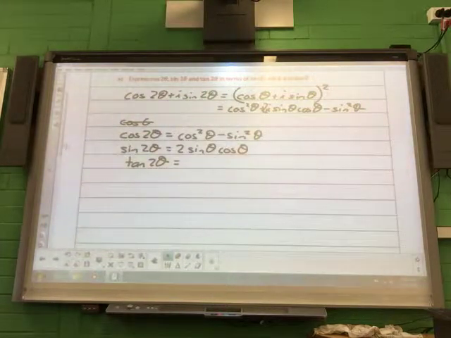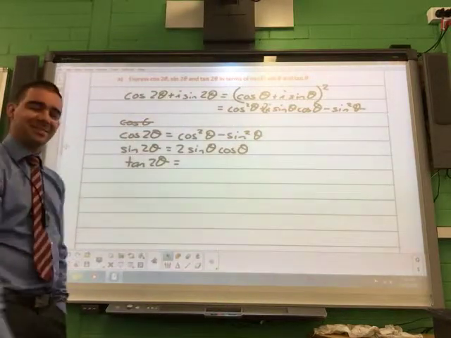I'm trying to think of the identity. Is it tan on top? There is a tan on top, yes. 1 minus tan theta over 1 plus tan theta? Partly right.